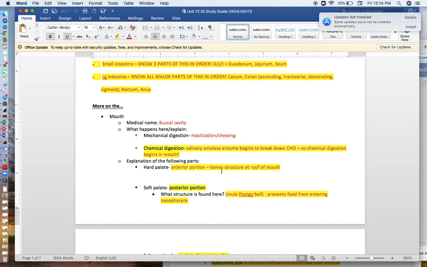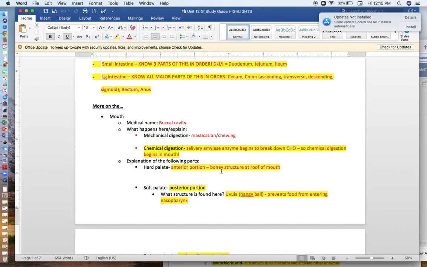So mechanical, again, that mastication or chewing, and then chemical digestion begins when you put food in your mouth, even before really, because the sensation of smelling your food and anticipating your food releases saliva, and that saliva has amylase, which is an enzyme that breaks down carbohydrates in your food. So there are more enzymes that do multiple things throughout the system, but the first part of chemical digestion begins in the mouth itself. Pretty amazing.